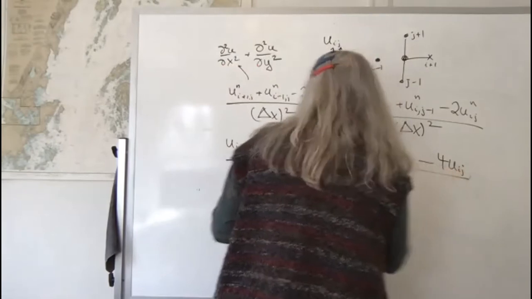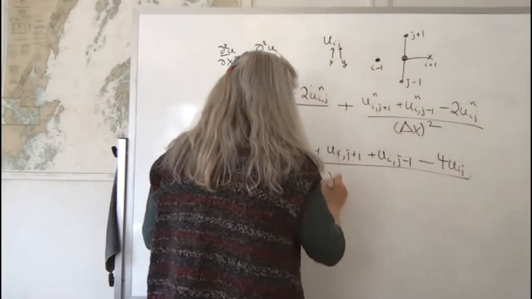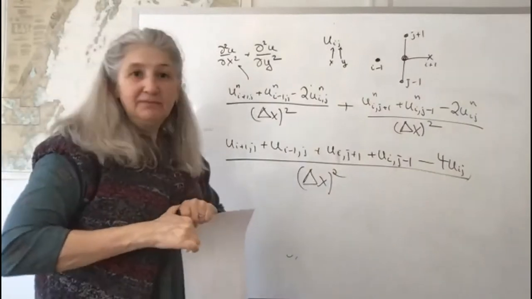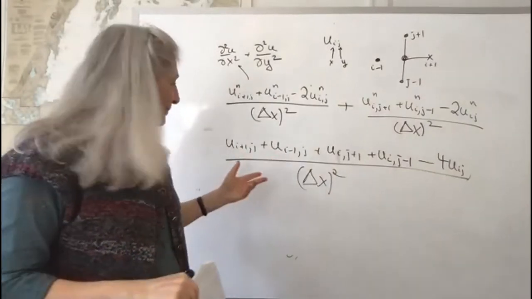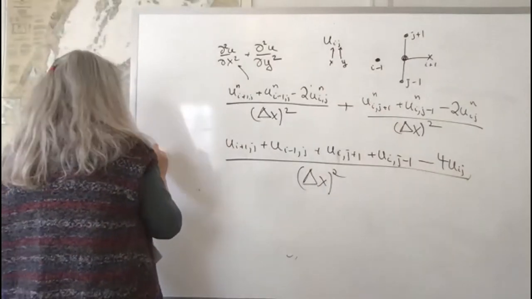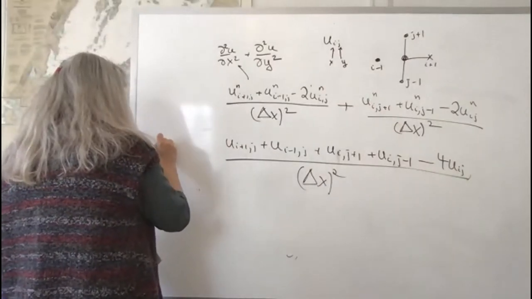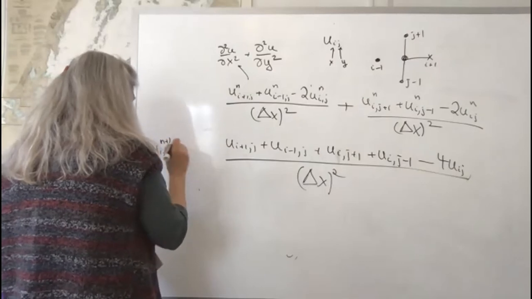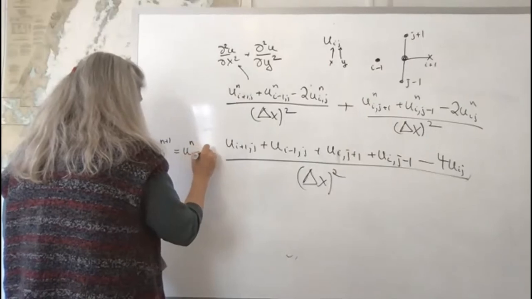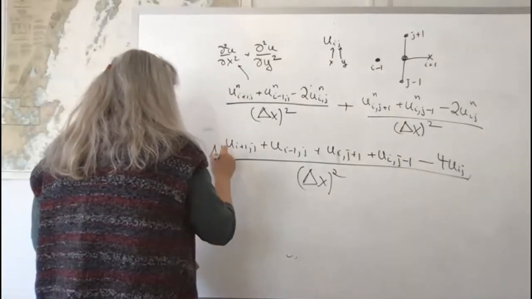And I divide by delta x squared. So when you look at the scheme, the whole scheme is going to look like this. u i j at n plus 1 is equal to u i j at n plus delta t times this.